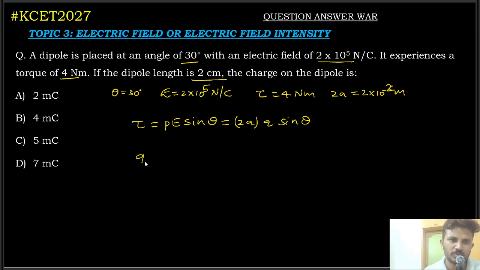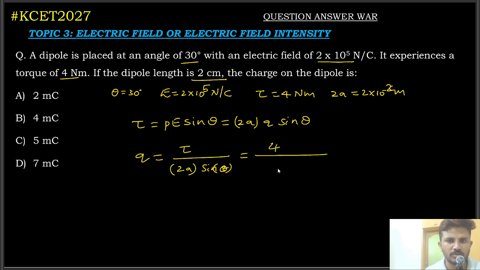So q is equal to tau divided by 2a E sin theta. Let me substitute the values here. Torque is 4, 2a is 2 into 10 to the power minus 2, E is 2 into 10 to the power 5, sin 30 degree is 1 by 2.